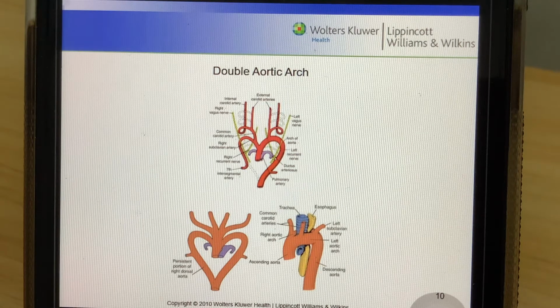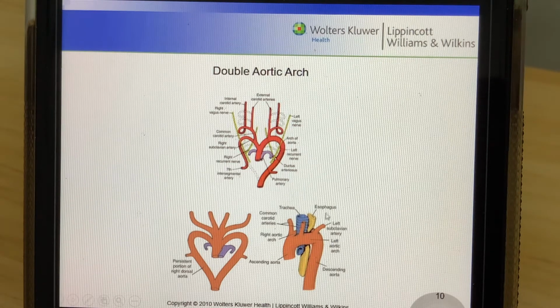In this case, part of the right dorsal aorta fails to degenerate, creating a double aortic arch. This double aortic arch can cause difficulty swallowing because it compresses your trachea and esophagus.